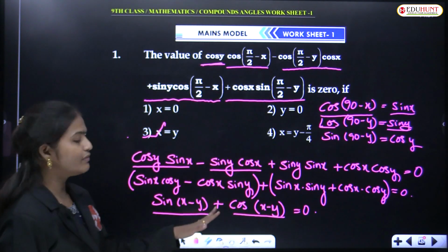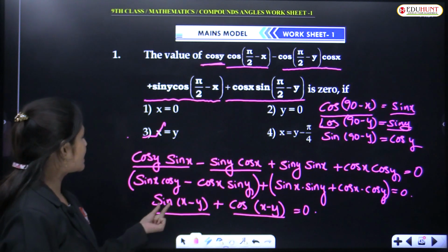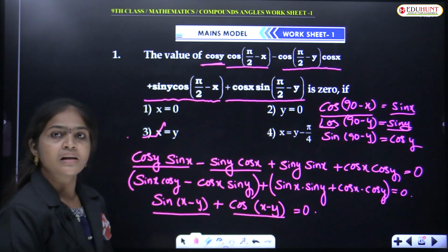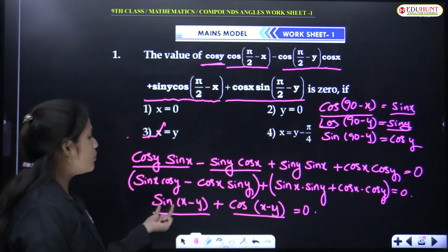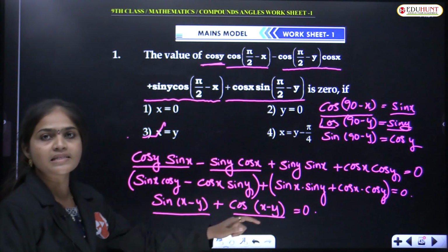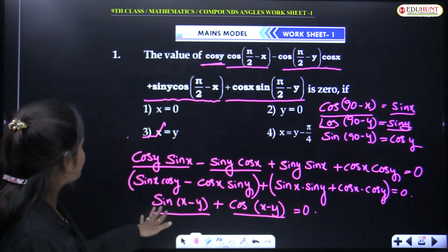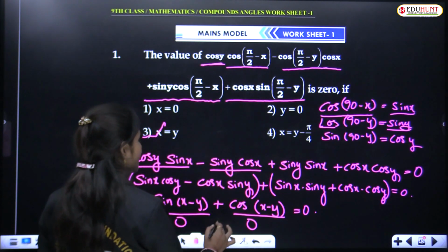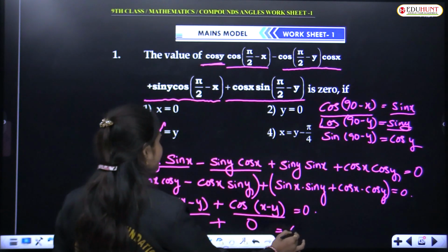Okay. So when will it be possible? When can we say that the sum of two values is equal to 0? If it is the sum of two zeros, these two values are 0 plus 0, we can say that it is 0. Okay, so by observing this condition here, we can say that either this one is 0 and this one is also 0, so the sum of these two is equal to 0.